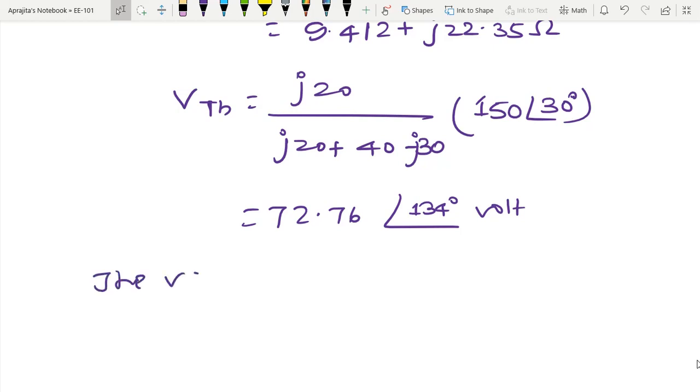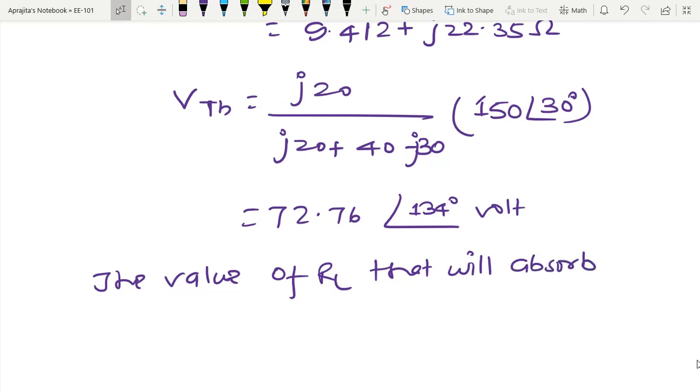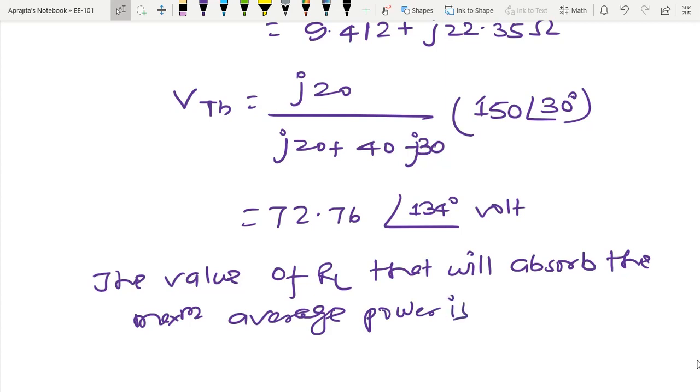So the value of RL that will absorb the maximum average power is RL equal to the magnitude of ZTH.